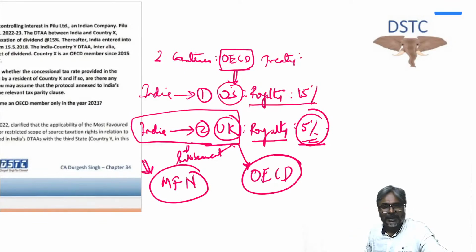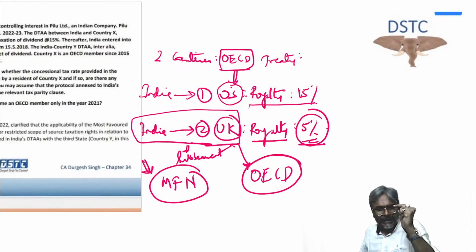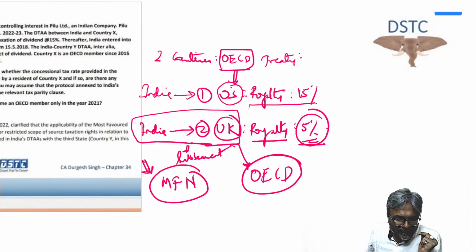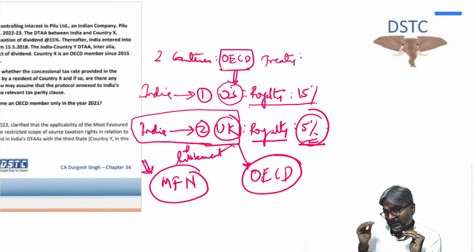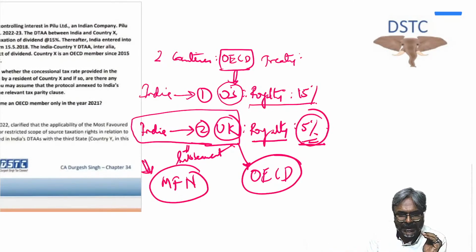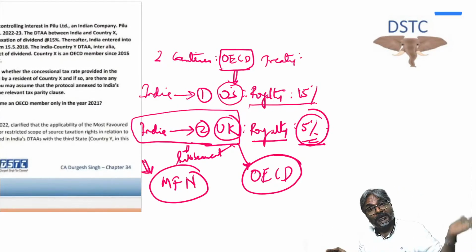Condition number one, both UK and US are OECD countries. Second, the India-US treaty should be first and the India-UK treaty which the US resident wants to invoke should be later. Means the India-UK treaty should have come after the India-US treaty.